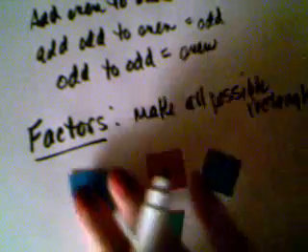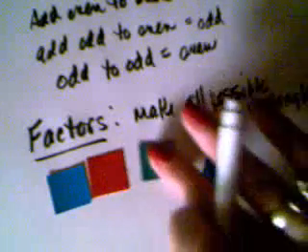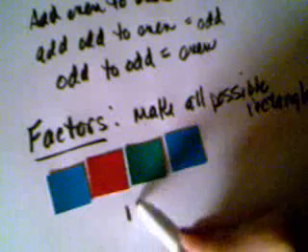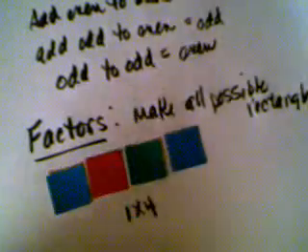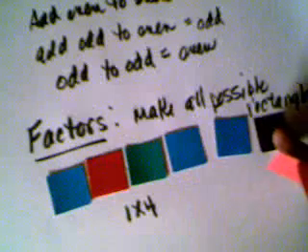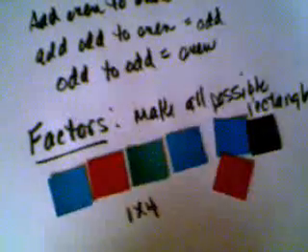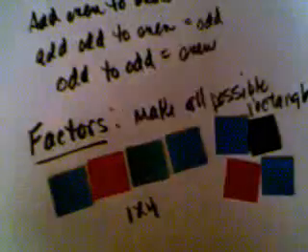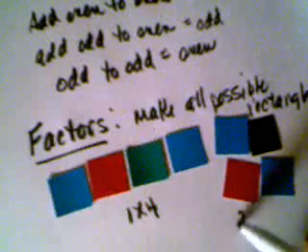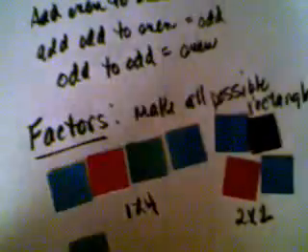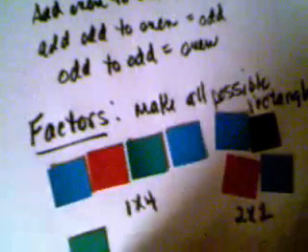So I would start out by making a 1 by 4. Then I could make a 2 by 2. And then I could make a 4 by 1.